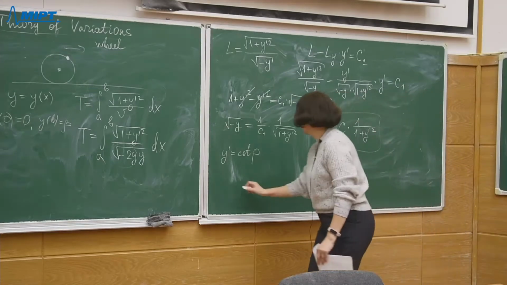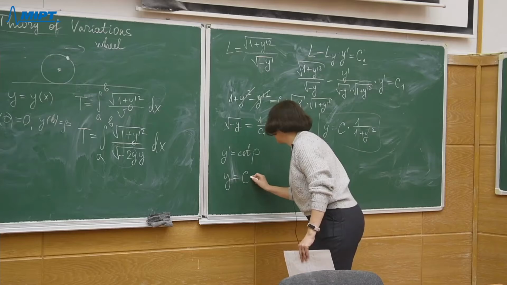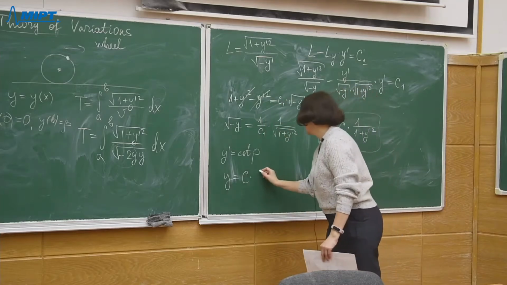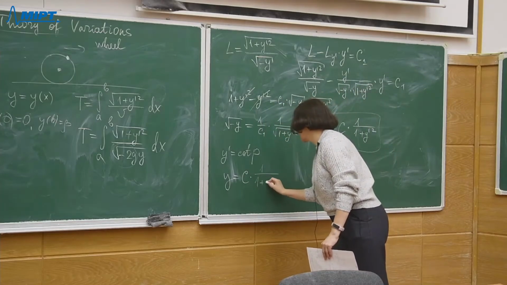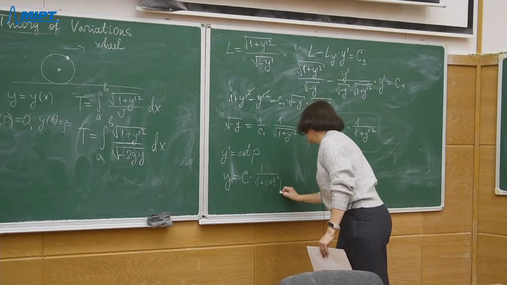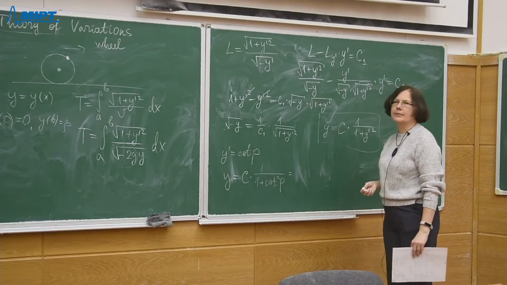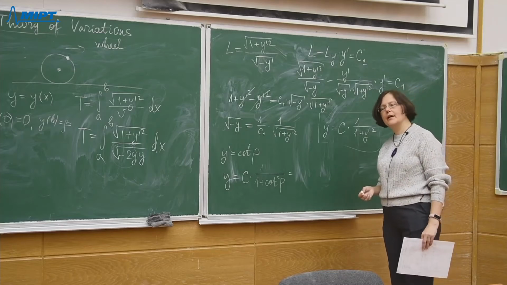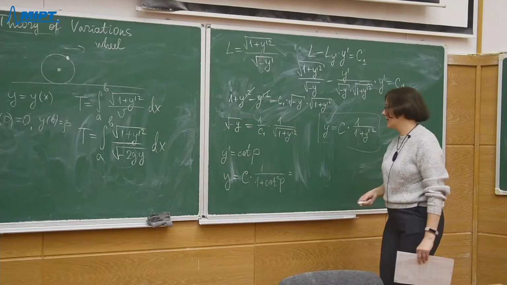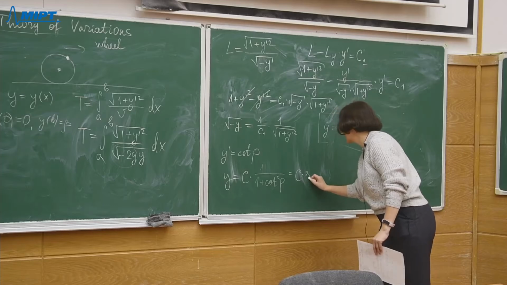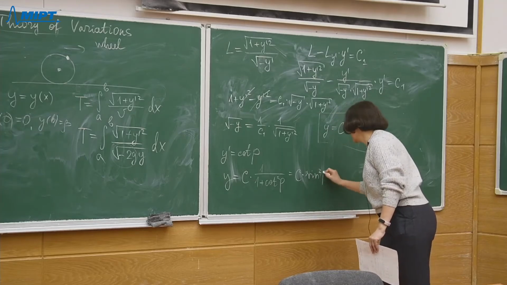Then y will be given by the formula c times 1 over 1 plus cot squared p. One plus cot squared is equal to 1 over sine squared, so it is c times sine squared p.